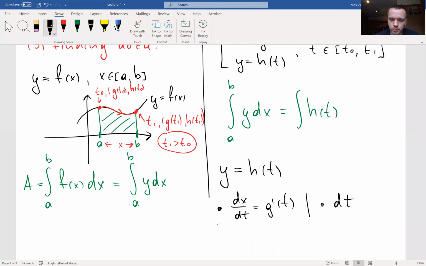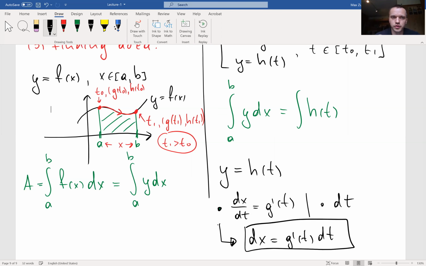And then what we're going to obtain is that dx is equal to g prime of t dt. So that's why that dx over here is going to be replaced with g prime of t and dt.